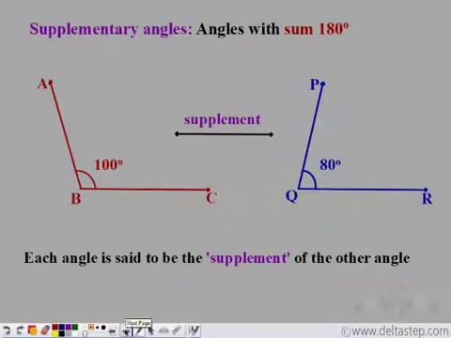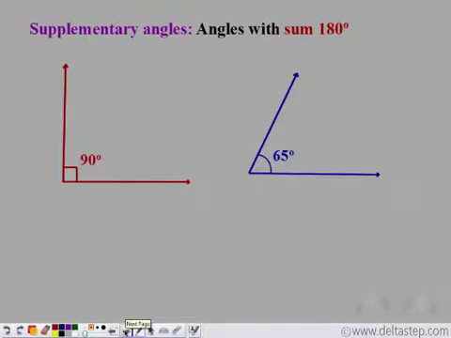Now, we have these two angles which are supplementary. So, each angle is said to be a supplement of the other angle. So, ABC is the supplement of angle PQR and PQR is the supplement of angle ABC. These two angles are 90 degrees and 65 degrees. Their sum is 155 degrees. Hence, they are not supplementary.